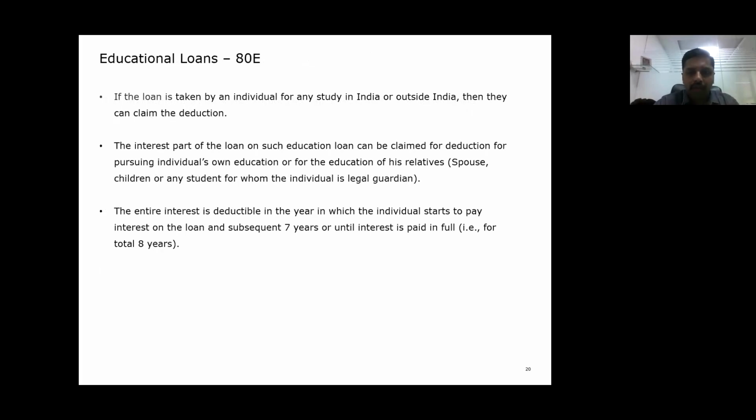It could be education for self or spouse or children or any student where the individual is a legal guardian. And the deduction is available for 7 years subsequent to the year where he has started repaying the interest, or until the interest is fully paid, whichever is earlier.